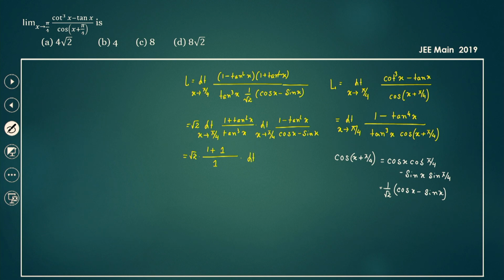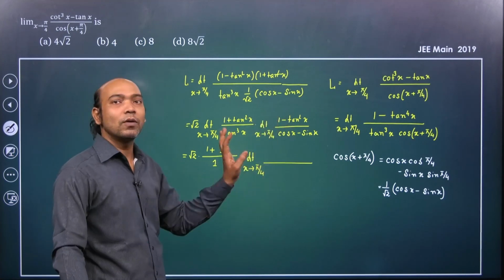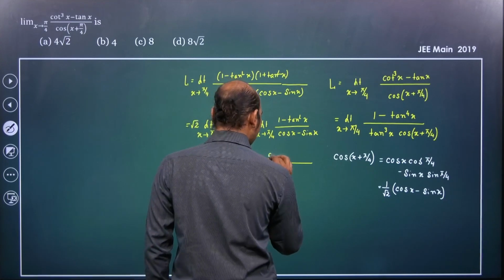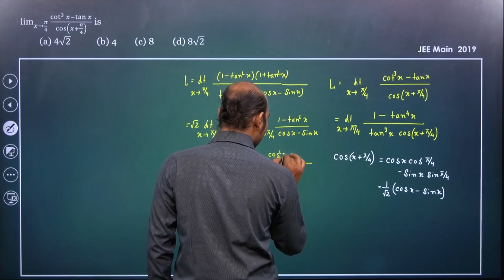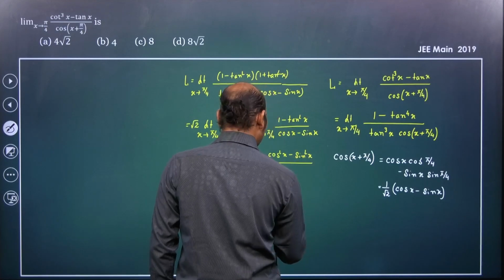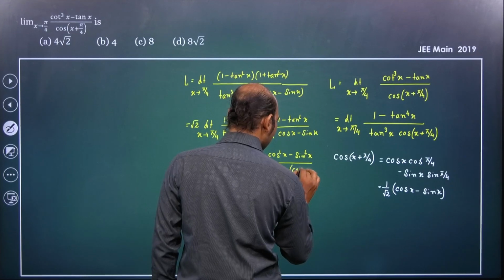So, the limit x tends to pi by 4. Now, 1 minus tan square x can be written as 1 minus sin square x by cos square x. If I multiply the numerator and denominator by cos square x, you'll get cos square x minus sin square x divided by cos square x into cos x minus sin x.